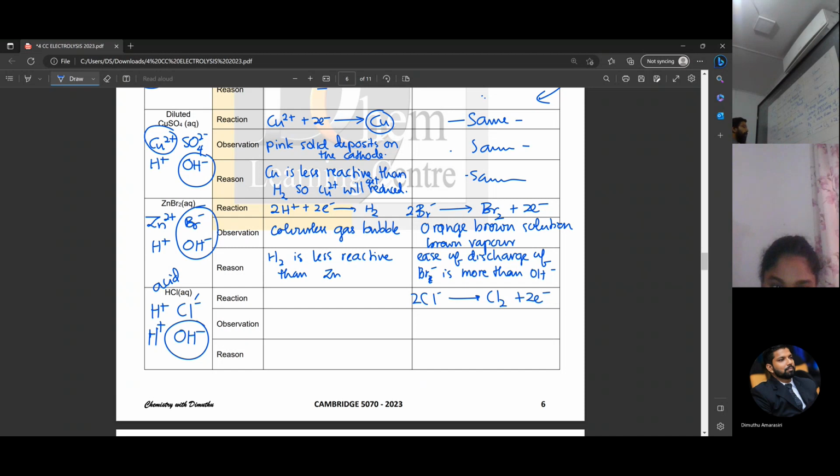HCl is usually what? Chloride ion, whether it's concentrated or diluted. In all acids, does it happen? In all acids, it won't happen because concentration affects only the chloride. It won't affect nitrate, sulfate, they are well below in the ease of discharge table. So there is no problem with a little bit of hydroxide ions even to get oxidized, right?